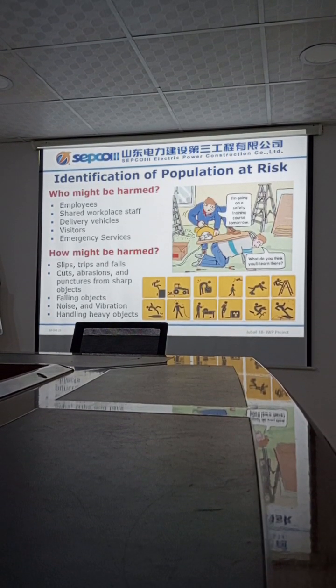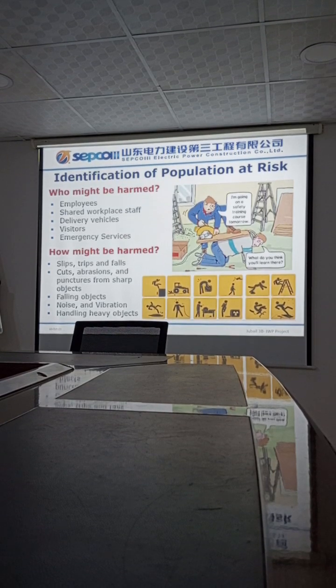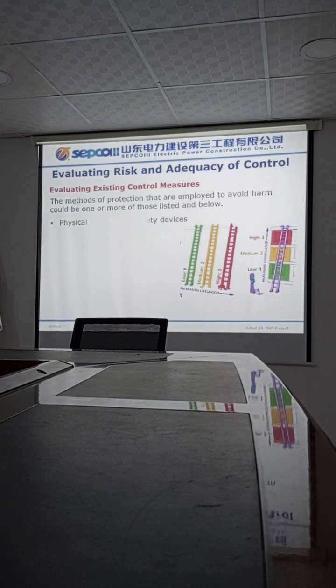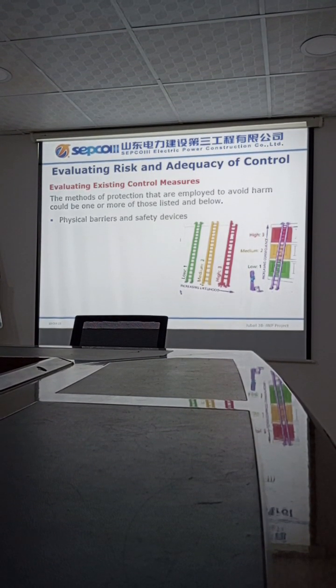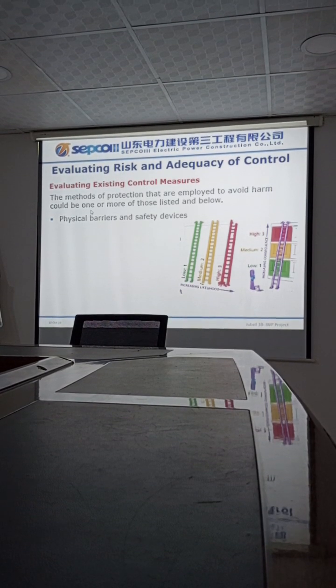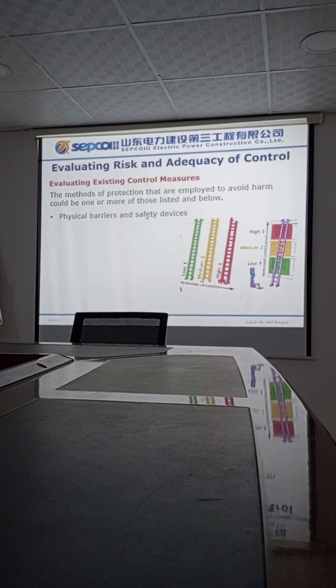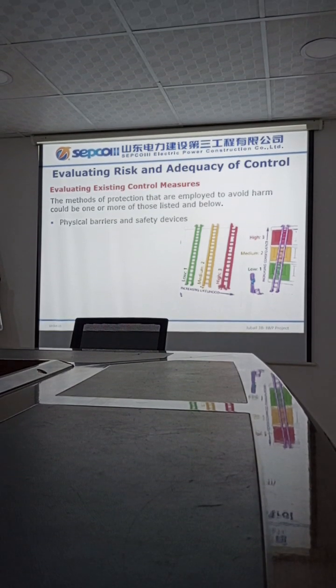So most of this is how they will be injured or harmed. Now, how will you evaluate? There are methods of protection for the employee to avoid harm, which could be one or more of those listed below: physical barriers, safety devices. For example, you see an opening.